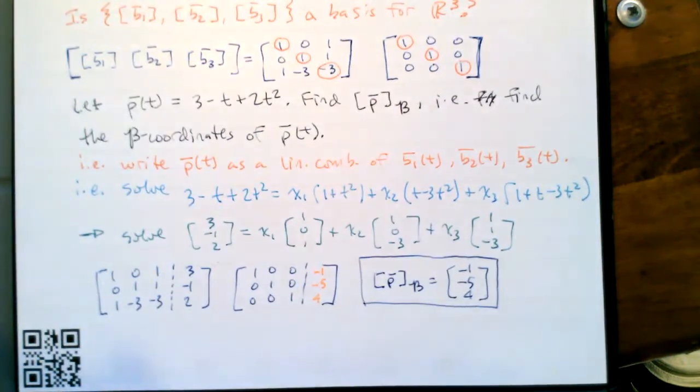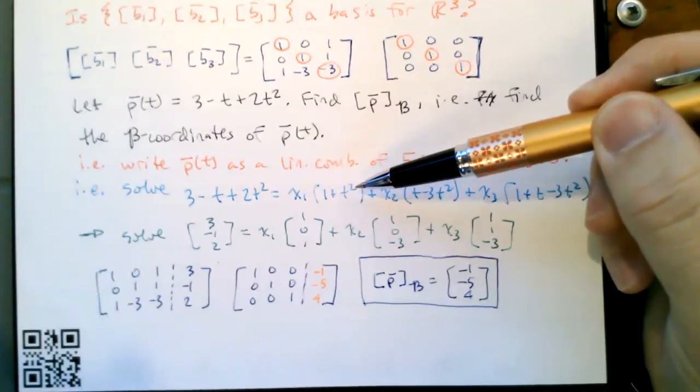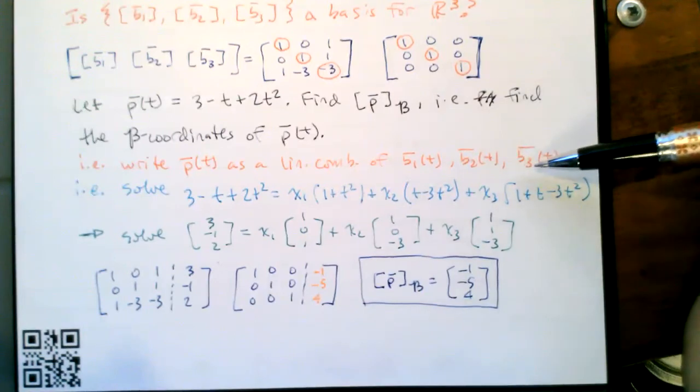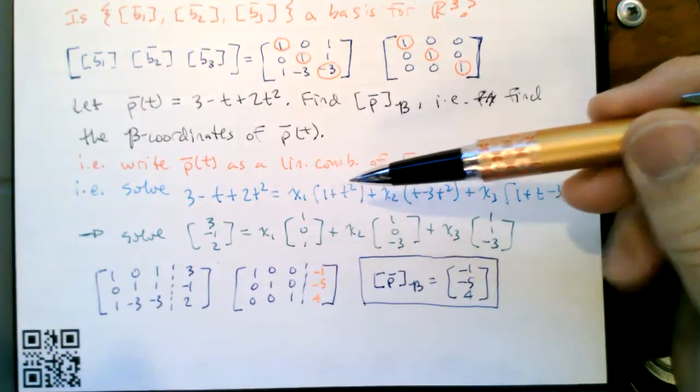What this means is if I take -1 times 1 plus t squared, minus 5 times t minus 3t squared, plus 4 times 1 plus t minus 3t squared, I should come up with 3 minus t plus 2t squared.